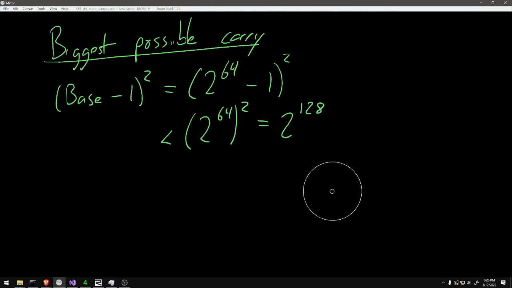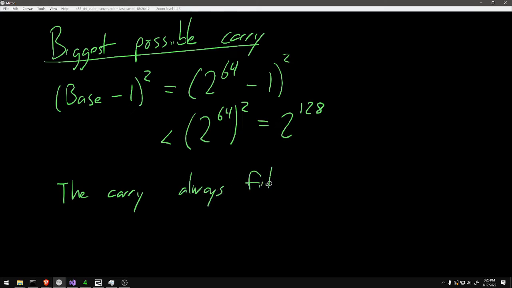So, the carry always fits in a small number. That's interesting, right? So you don't need to deal with the possibility of carries that spill over when you're doing multiplication of two things at a time.